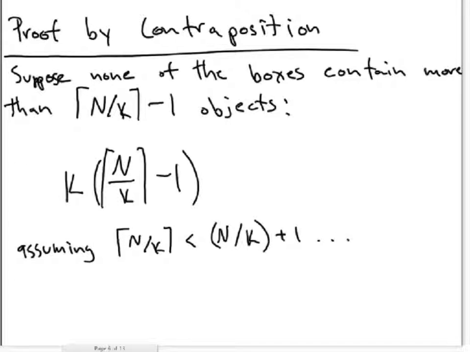I'm going to show this with a proof by contraposition. Suppose that none of the boxes contain more than ceiling of n over k, minus 1 objects. Then you will have k times that number of objects. Now we can assume that the ceiling of n over k is going to be less than n divided by k plus 1.